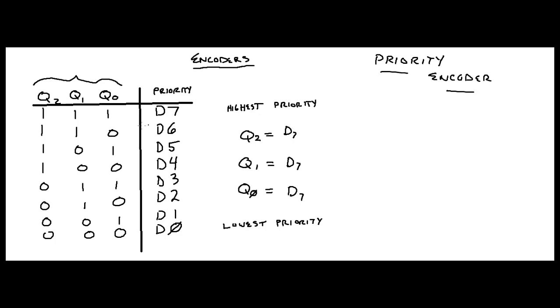Now, D6, it's going to be a little different, isn't it? You want Q2 and Q1 to be on, don't you? But obviously you don't want Q0 to be on with D6, do you?